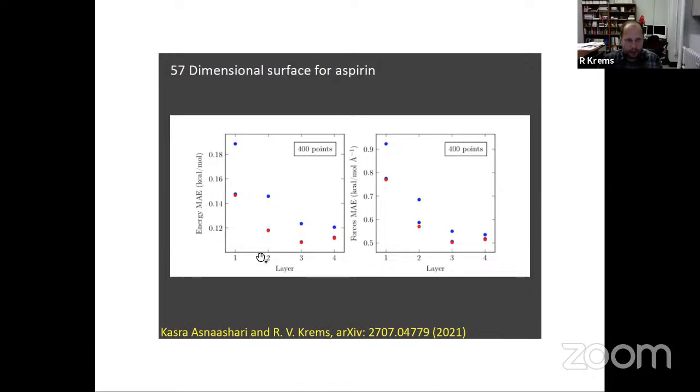Maybe not. Not spectroscopically accurate, because, like I said, if you look at this accuracy here, it's 0.1 kcal per mole. So 1 kcal per mole is about 390 wave numbers. So this is about 40 wave numbers of accuracy. For spectroscopic applications, we want surfaces to be close to 1 wave number, right?